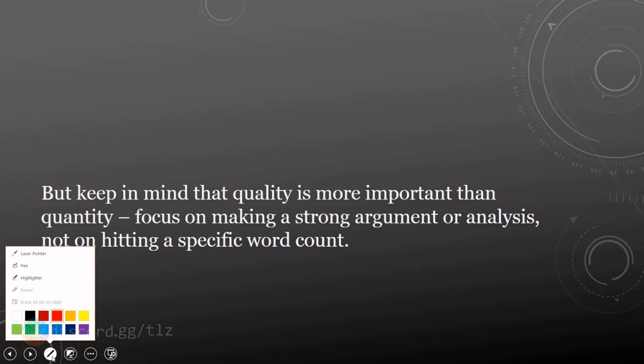So you have to always keep that in mind when writing your essay. Doesn't mean you shouldn't try to hit the specific word count, but regardless of trying to factor that in, you should keep your argument, analysis, or main point in focus.